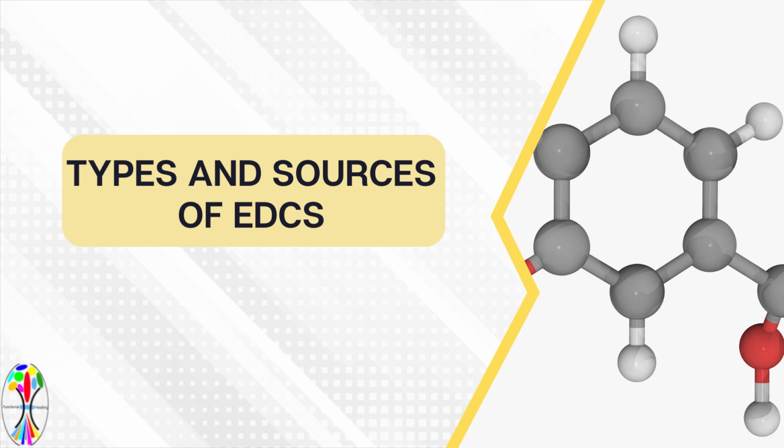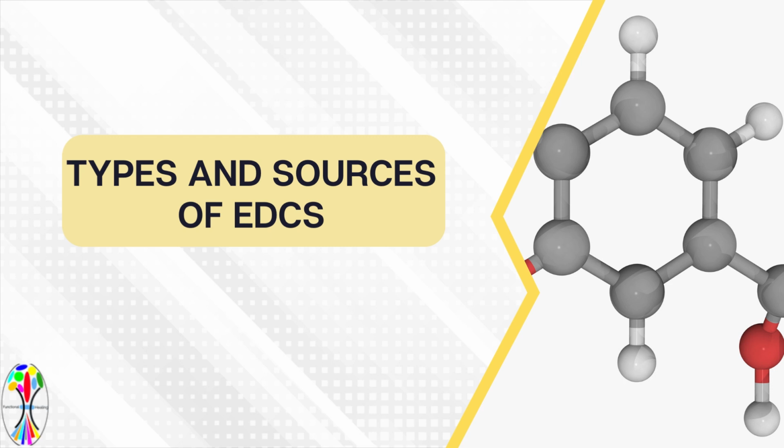The next category is pharmaceutical endocrine disruptors. Unfortunately, certain medications and medical products can also act as endocrine disruptors. Two important examples. The first one is hormone replacement therapy. A lot of hormonal replacement therapy basically consists of synthetic hormones, which act as endocrine disruptors.